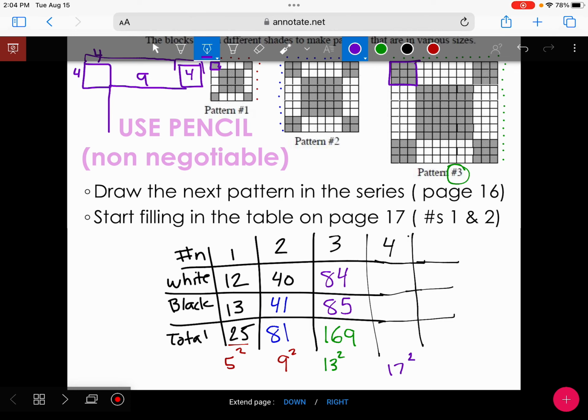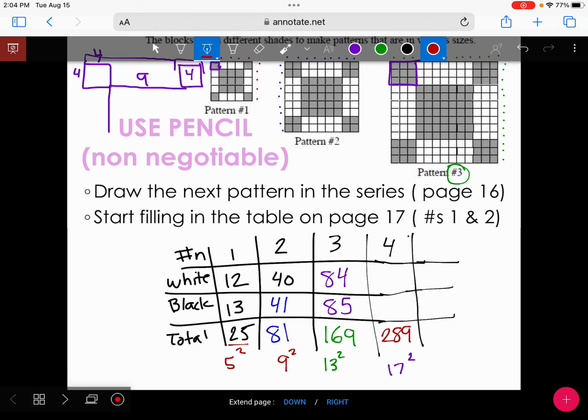So how many tiles are in the pattern that you drew? What's 17 times 17? 289 tiles. How many white tiles did you draw?